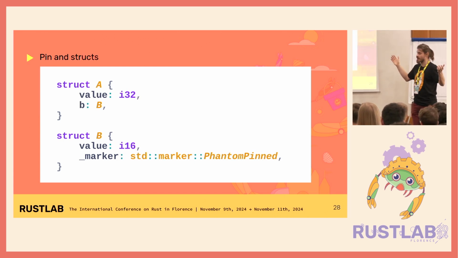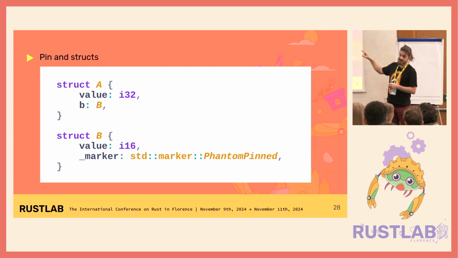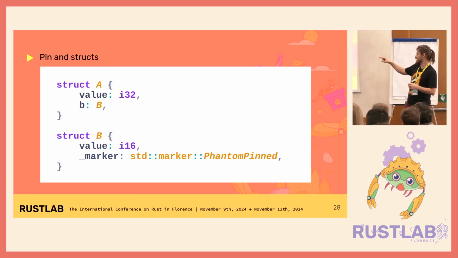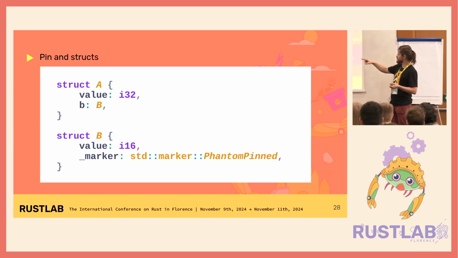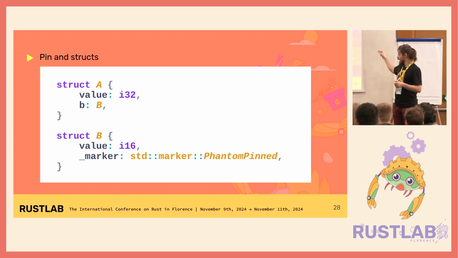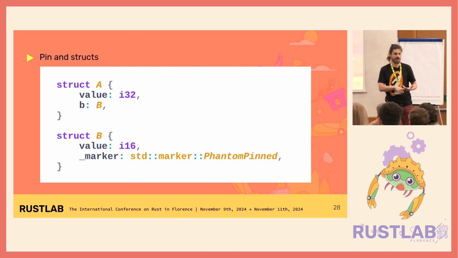We have two structures: A with a value i32, and B. As you can see, B has a value, okay, and it has this marker, PhantomPinned. If something has a PhantomPinned, it's not Unpin, because PhantomPinned is not Unpin.